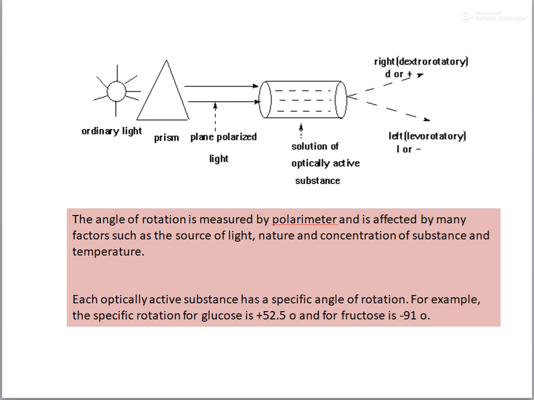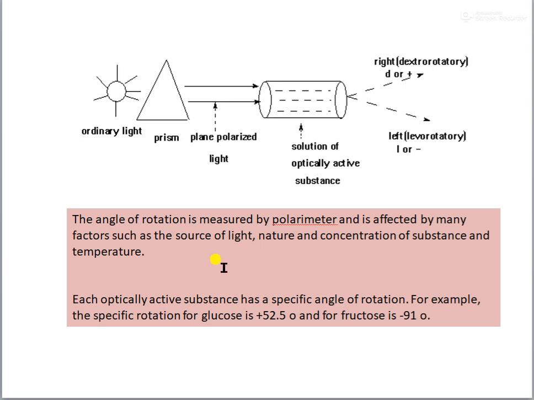So this is another property of carbohydrates: if they have asymmetric carbon atoms and move the plane polarized light to the left or the right, you call them dextrorotatory or levorotatory in nature.